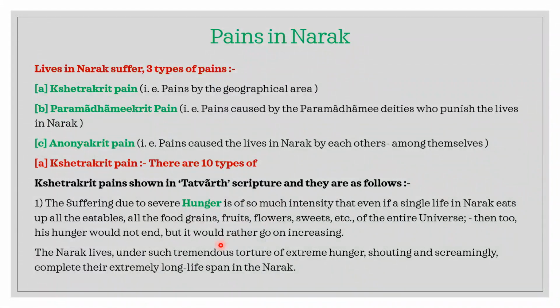And even then, their hunger will not subside, but rather it will go on increasing. So Jews of Narki are in such tremendous torture of extreme hunger that they spend their entire long lifetime shouting and screaming under extreme pain. That is the first type of pain, the pain of hunger.